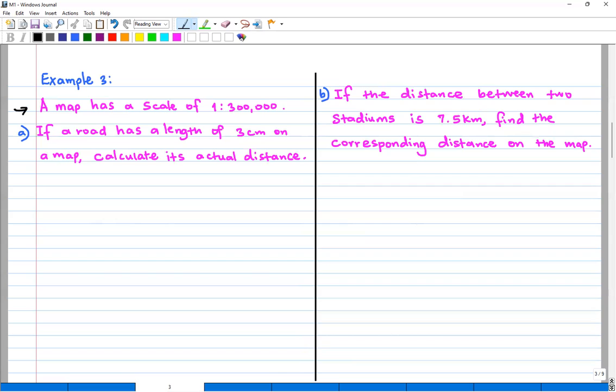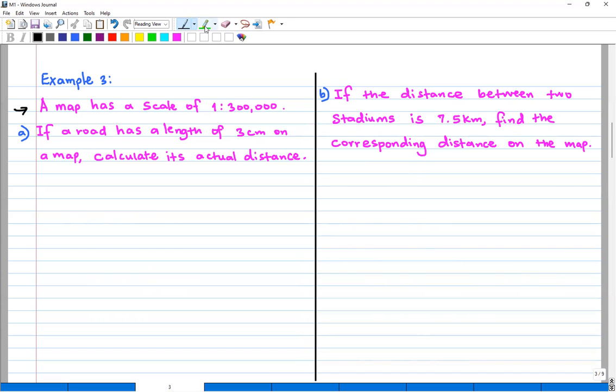You cannot put the whole of Thailand on, let's say, A4 paper, because a paper is very small. So we use the scale to reduce the actual distance so that it can fit on any size of paper you want. That's why the scale is very important on a map. Every map must have a scale.